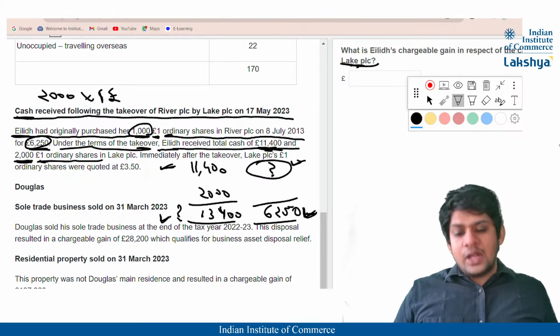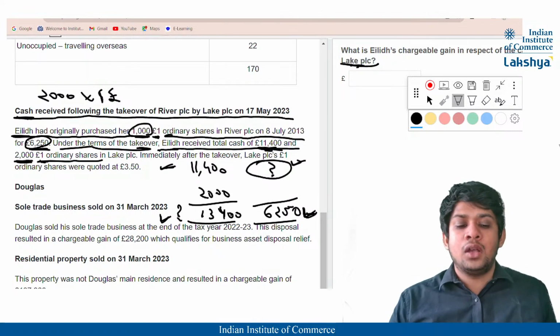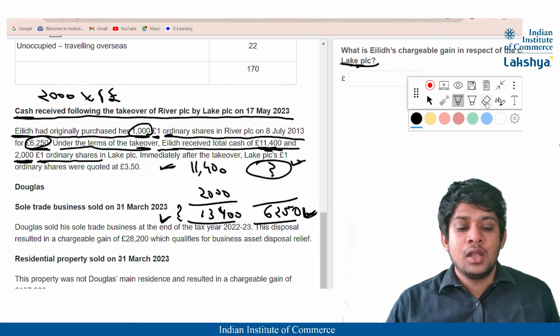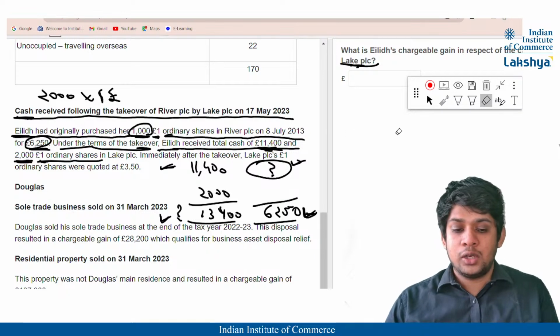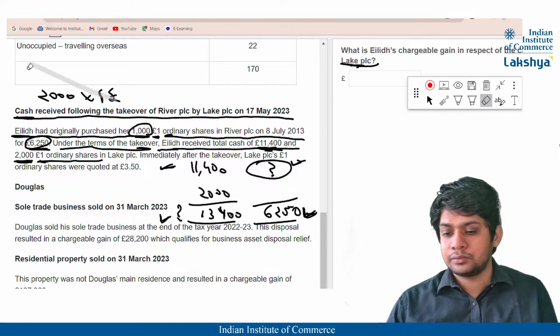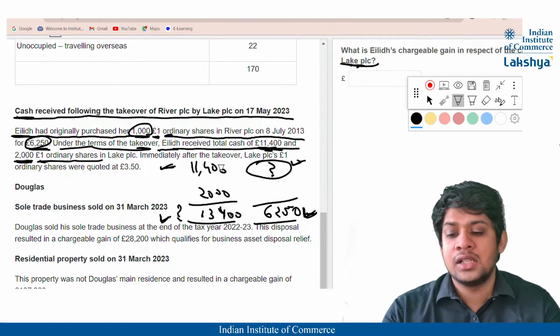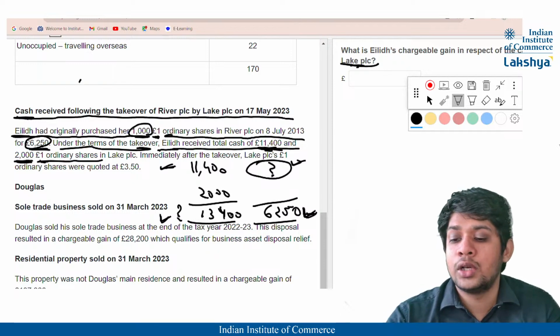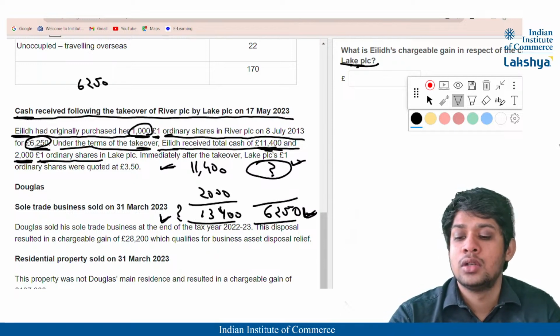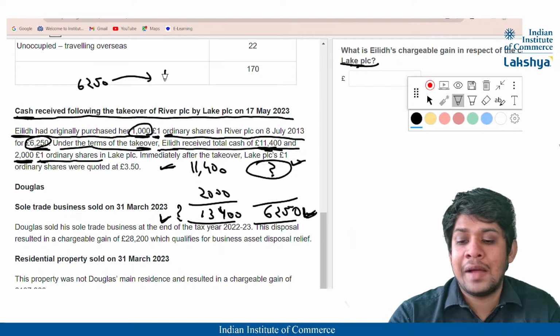Okay guys, now we will just very simply cross multiply here. 11,400 is the market value. Her total cost is 6250. For the total cost, her total market value is 13,400.